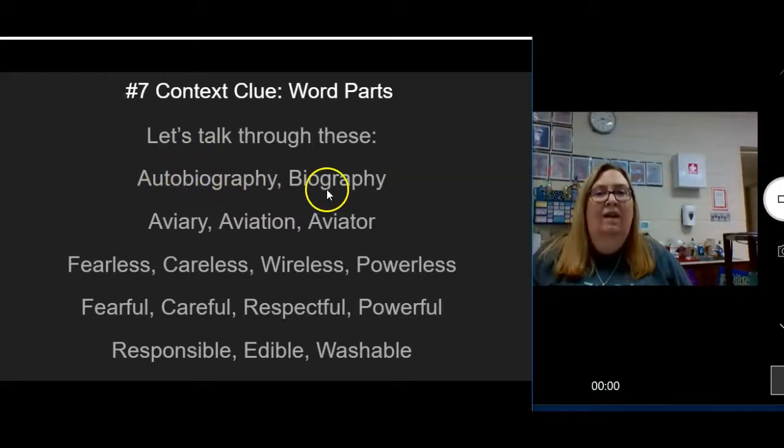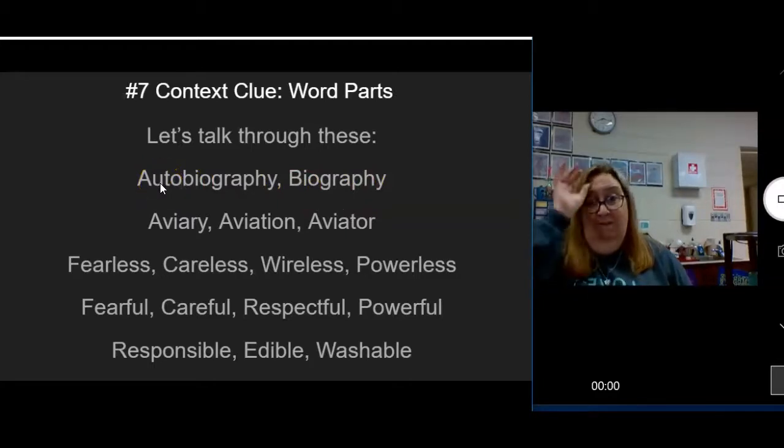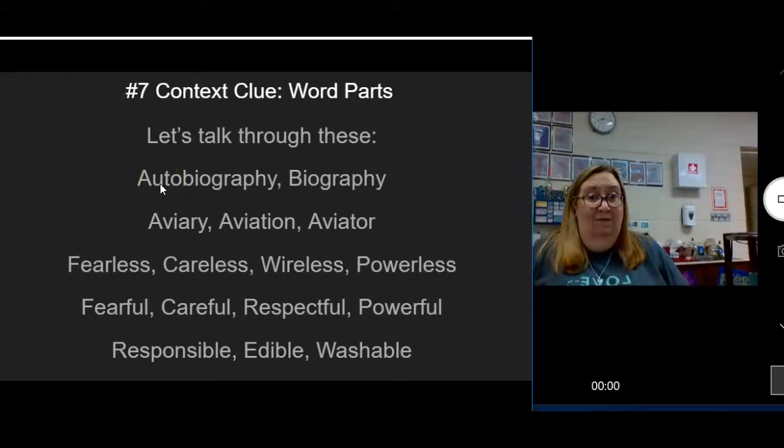Okay. Let's go back to autograph. The graph is the writing part. Auto is yourself. So it's yourself writing. It's your signature. It's your name for autograph. Last week we talked about aviary and aviation. Aviary was a bird enclosure.